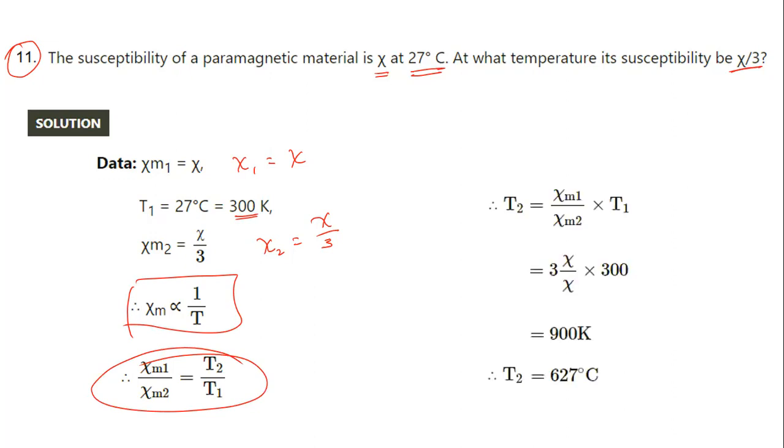Susceptibility 1 is this, susceptibility 2 is divided by 3, into T1 which is 300. This gets cancelled. 3 into 300 is 900. So 900 Kelvin is the answer for this problem. This is the temperature 2.